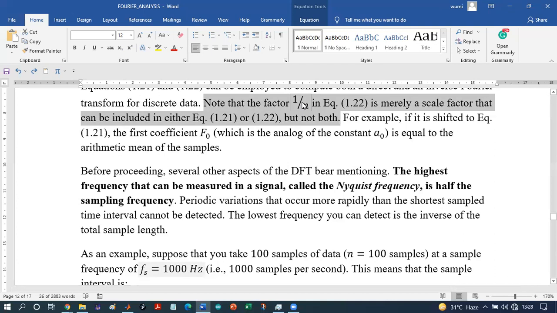So if you decide not to include it, then the answer is also okay, it's also fine. So you are also correct. It's just a scale factor, and you can decide to include it or not to include it.